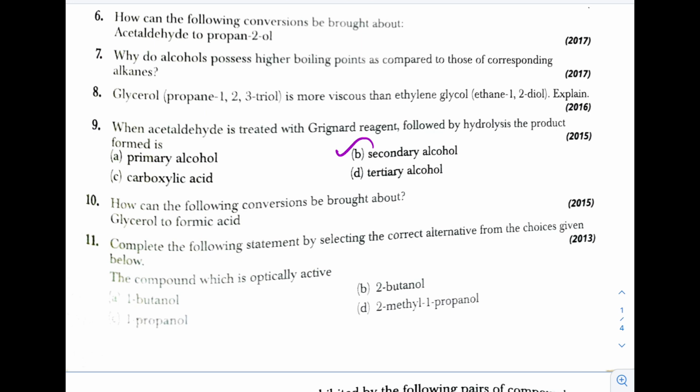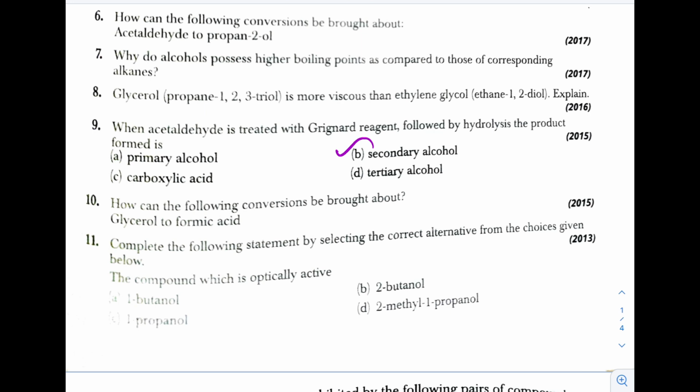Actually, this is a question, what I think, this is a method glycerol to formic acid, because this belongs to the carboxylic acid chapter. It requires some different concept to make it.